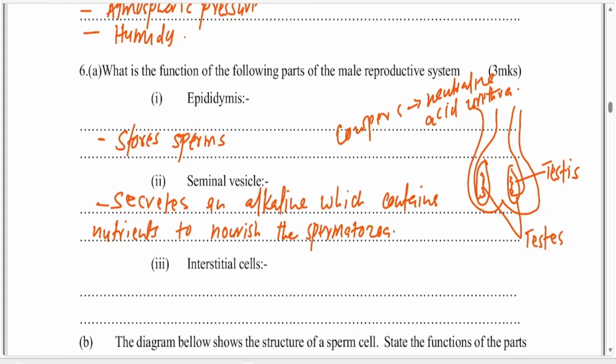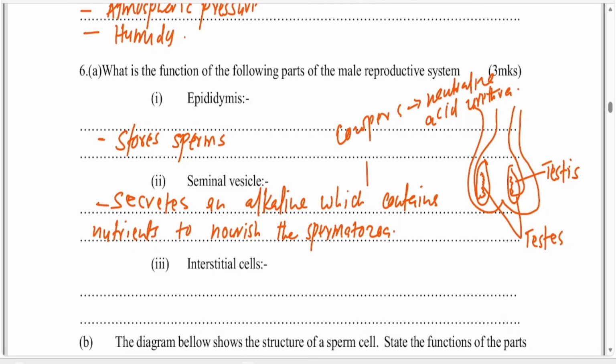Then we have the prostate gland, which secretes an alkaline fluid that forms part of the semen, and it will also neutralize the acidic environment of the urethra and the female reproductive tract, or the birth canal.